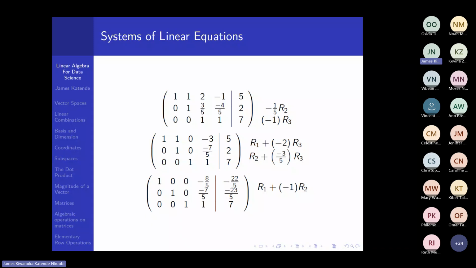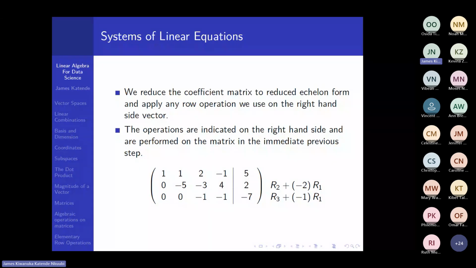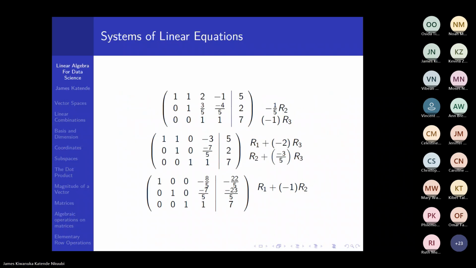So you can make the leading coefficient in the second row 1 by multiplying by 1/5. The operations that are used are given here. The other one also is -1 here. You can make it 1. So now we have all the leading entries in each row being equal to 1. The only thing left is to make each of them the only non-zero entry in their column.